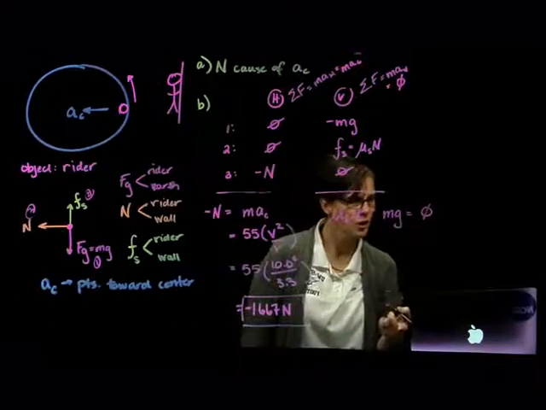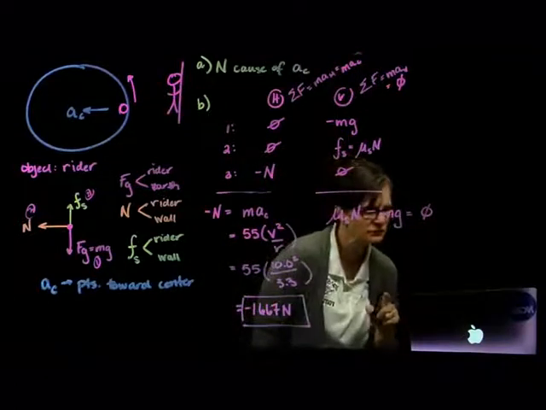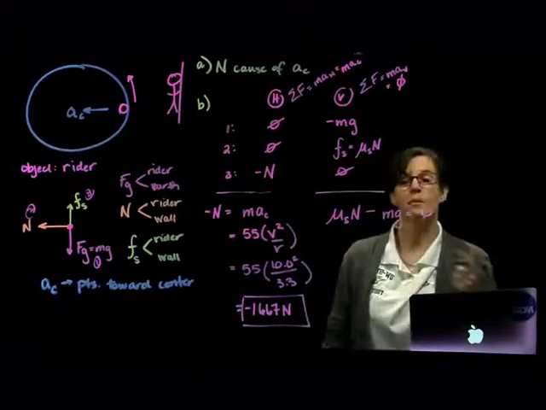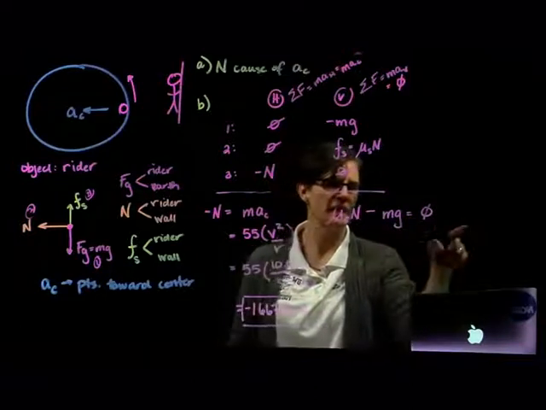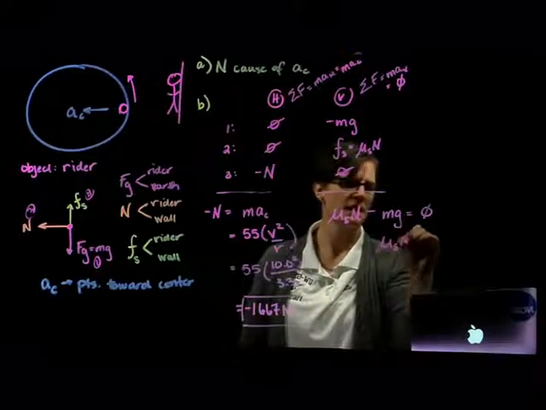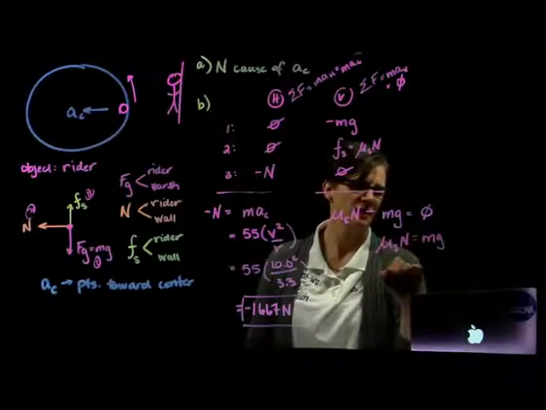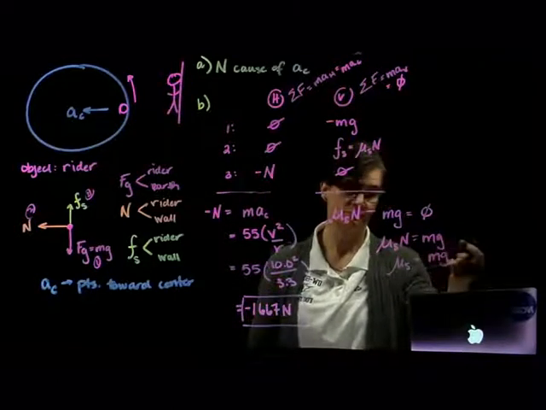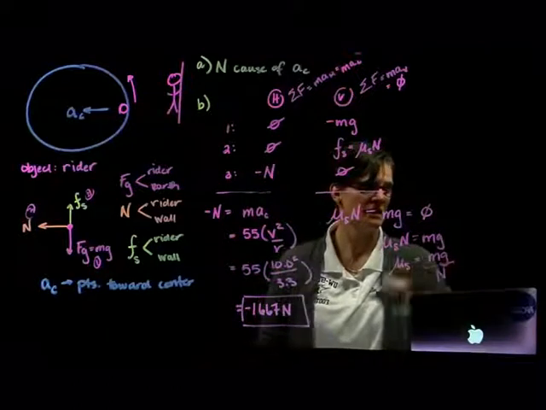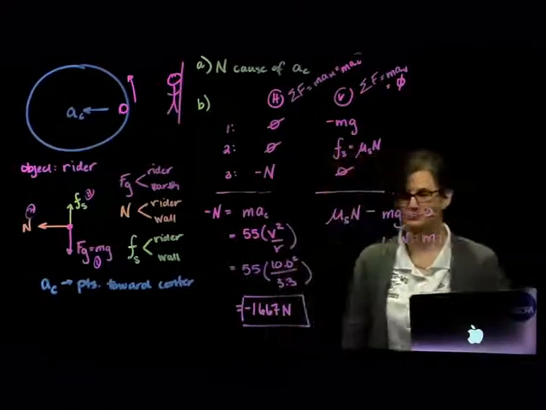We're trying to solve for the coefficient of friction, so we're going to solve for mu sub s. We'll bring N over: mu times N is equal to mg. So our coefficient of friction is the force of gravity, mg, divided by the normal force.